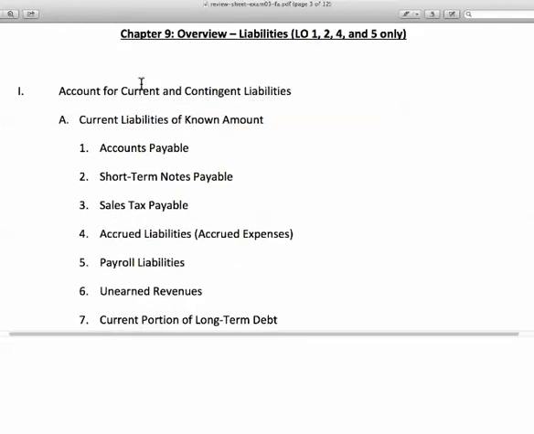So you'll see chapter 9 at the heading there. It will tell you we're covering chapter learning objectives 1, 2, 4, and 5. So if you're trying to remember which learning objectives we did, this is all on the review sheet. The review sheet is listed on Blackboard under exam info. It's one of the top items. Okay, questions about the review sheet?